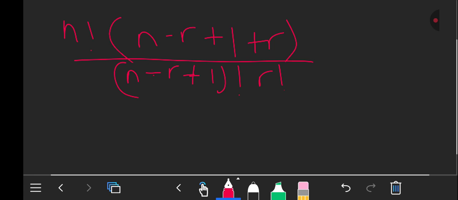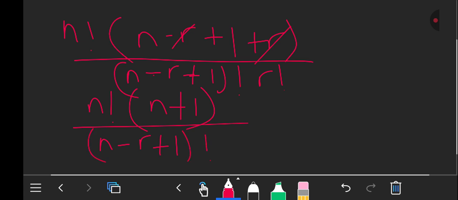Then we see that negative r plus r is just 0. So what we are going to have is n factorial, open bracket, n plus 1, over what we have on the denominator, n minus r plus 1 factorial r factorial.